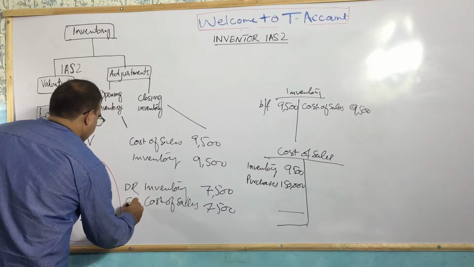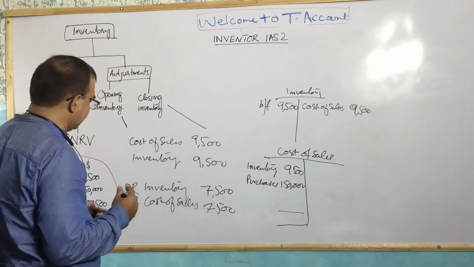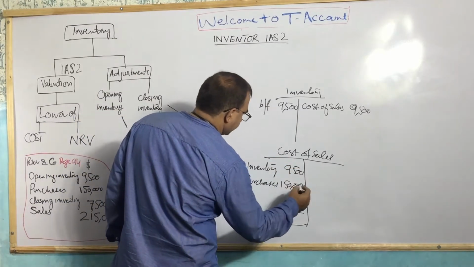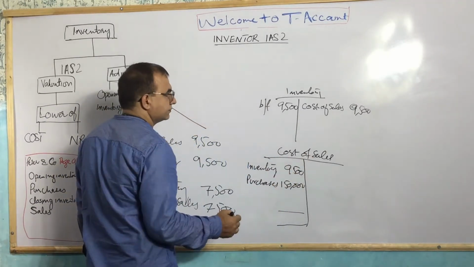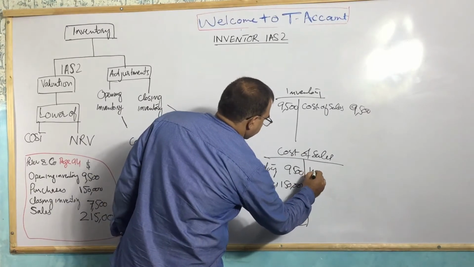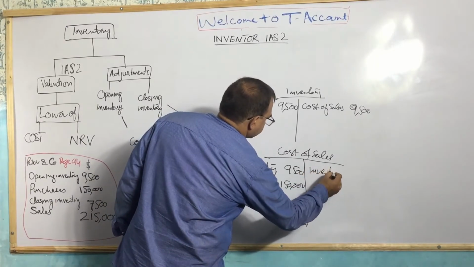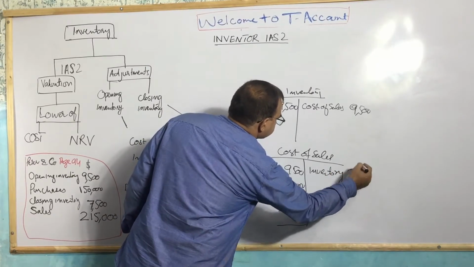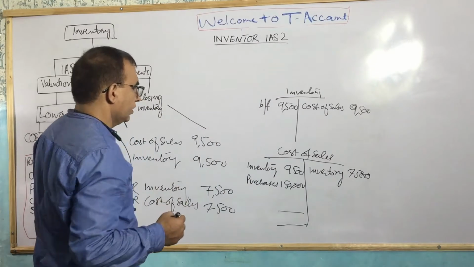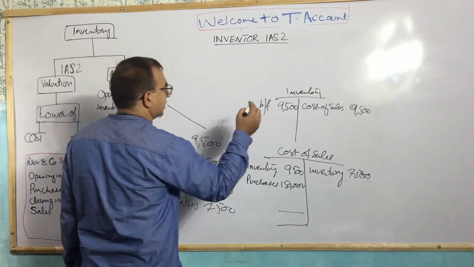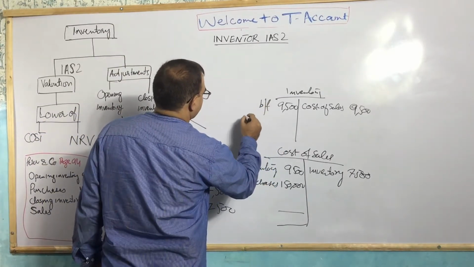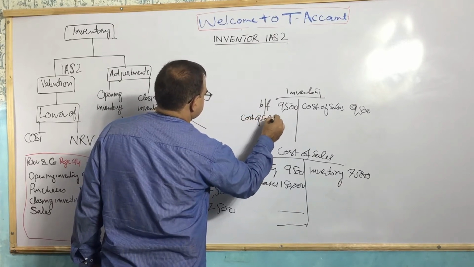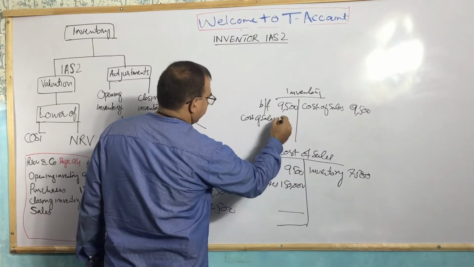Now, what we have actually done with this entry is we have removed this closing inventory from here, by saying inventory 7,500. Removed it and it came here from cost of sales, 7,500.